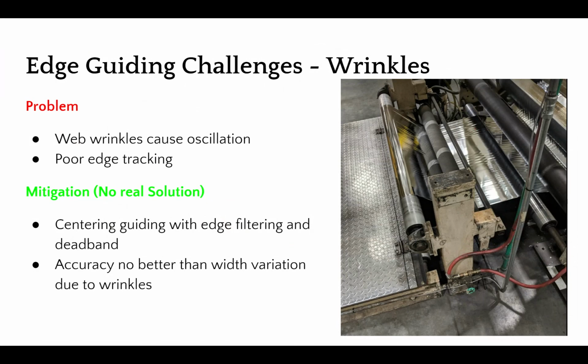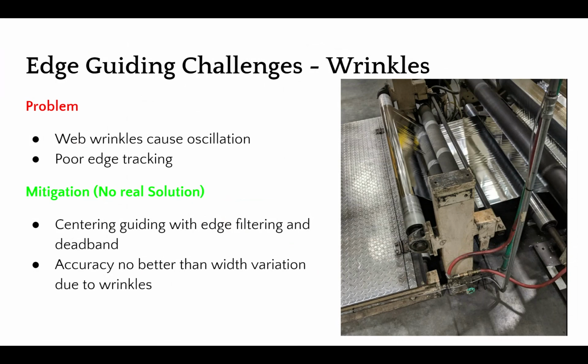But essentially, when the web buckles, the troughs that are created are going to reduce the width of the web. So if you're just going to guide based on one edge, you might be oscillating back and forth because the wrinkle is going to cause the edge to come in and come out, come in and come out.